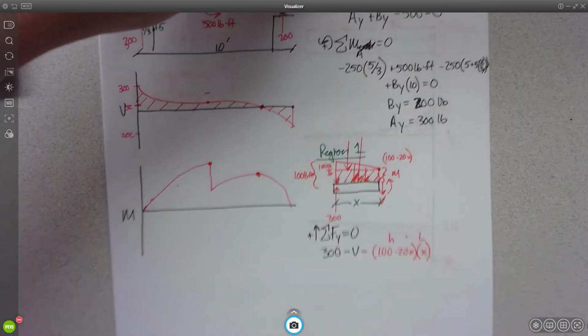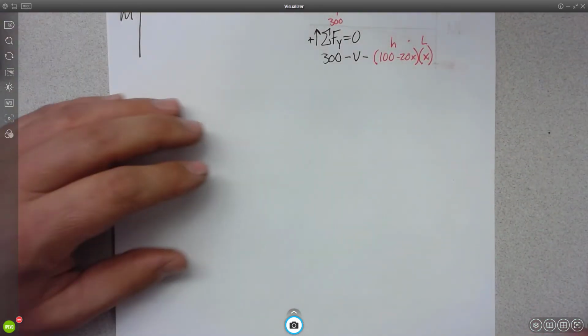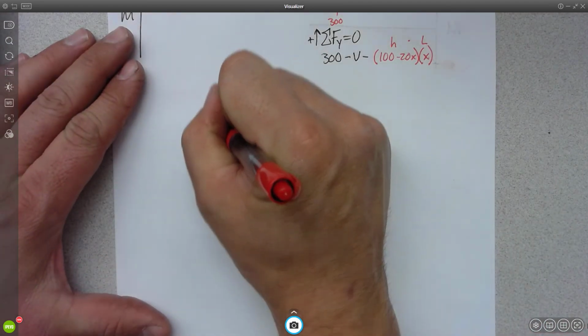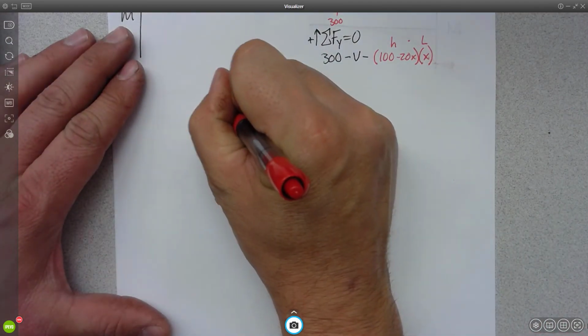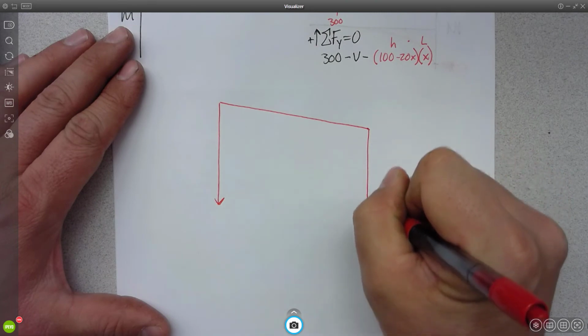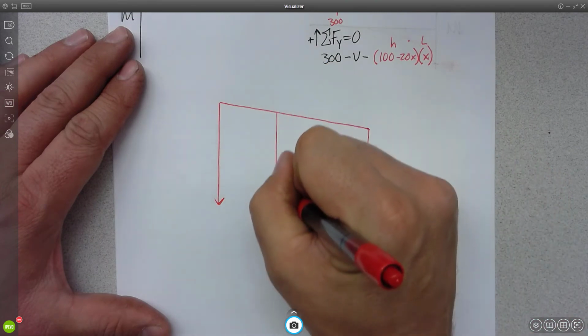Let me draw it bigger. So what we're looking at is a trapezoid.